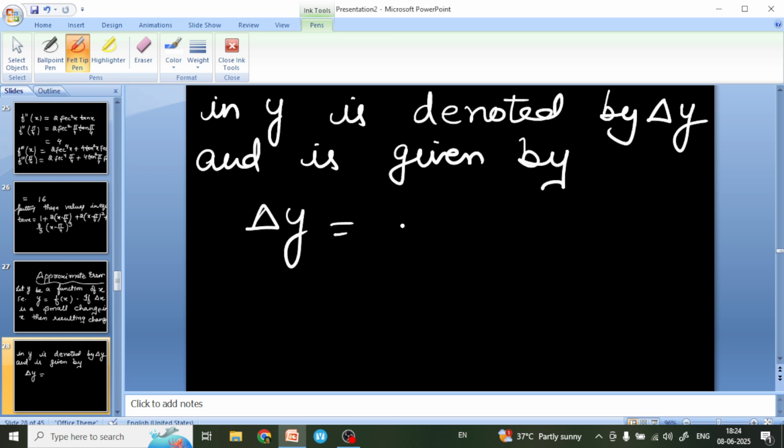Delta y is equal to dy over dx delta x approximately.